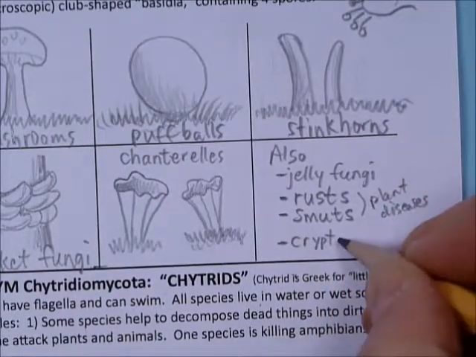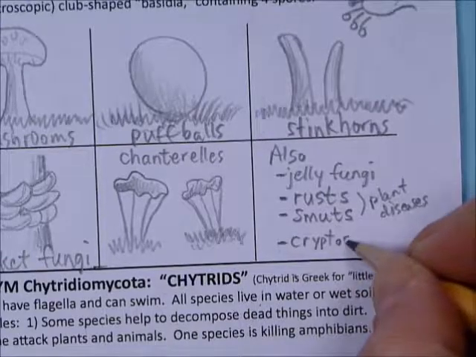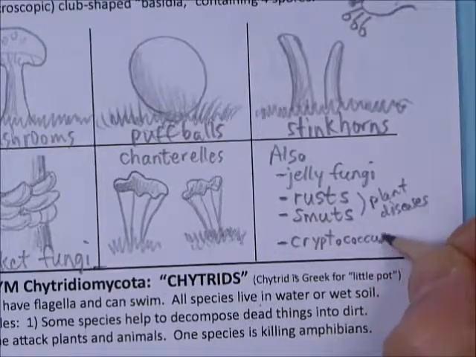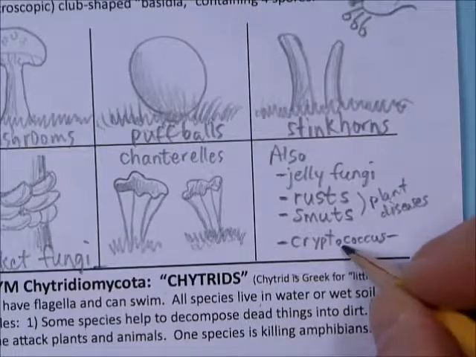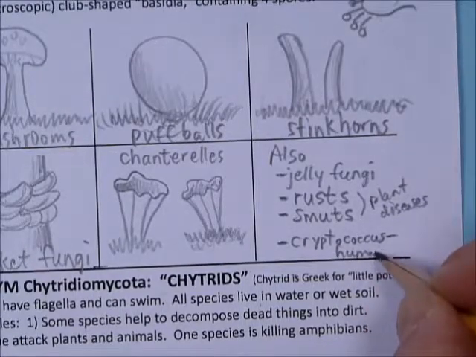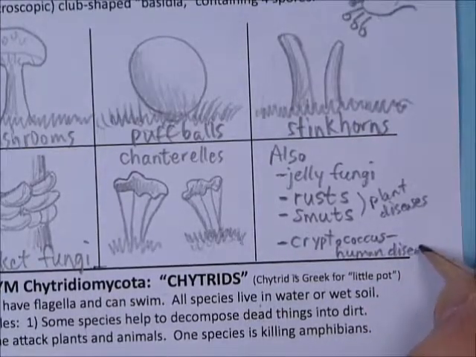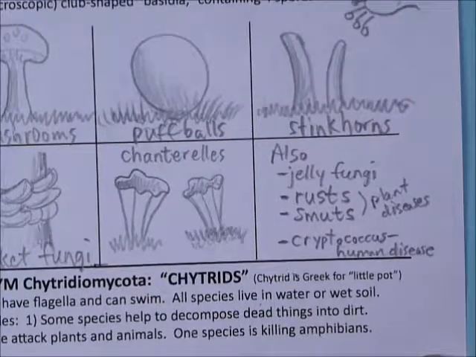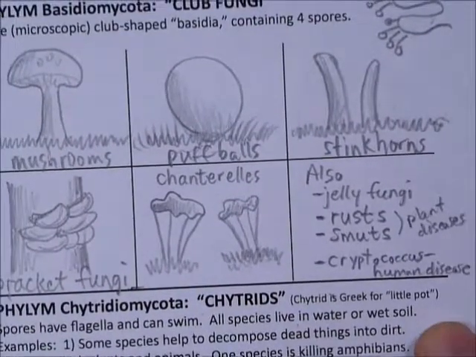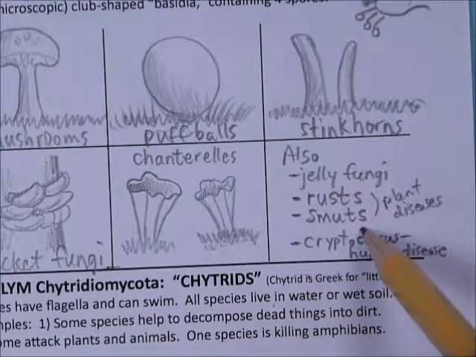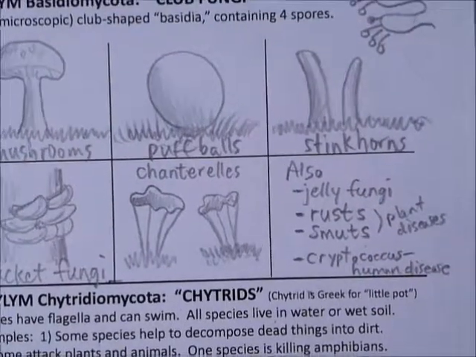C-R-Y-P-T, crypt, O, and then C-O-C-C-U-S. And this causes human disease. So when you read about those and you want to know how they're classified, they're on your chart.